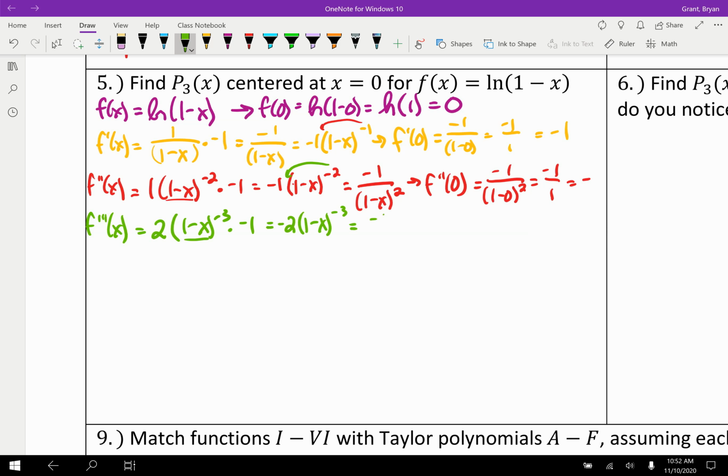F triple prime of 0, negative 2 over 1 minus 0 cubed. Not negative 1, I wish I could write, negative 2 over 1, which is negative 2. Haha, we've changed now. And in fact, maybe you'll see that the next one is going to be negative 6, and then after that, negative 24, negative 120. All right, I think actually what's happening is we're getting some factorials here.